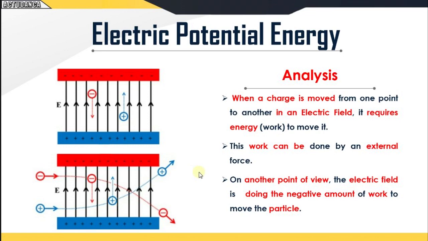On another point of view, we can say that the electric field is doing a negative amount of work para mapagalaw yung particle. So, we can move the charge by applying an external force, or the electric field is applying a negative amount of work, a negative amount of energy, so that the movement of charge will occur. So we can say that the change in potential energy is equal to the negative work done by the electric field.